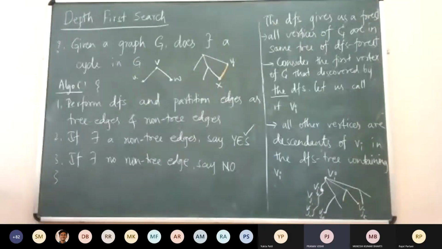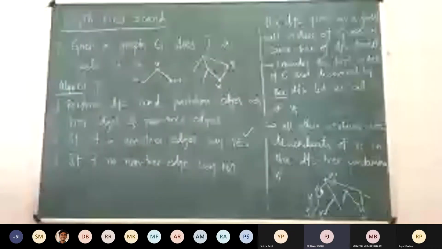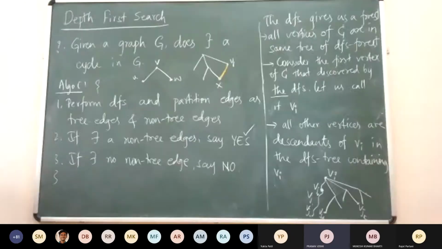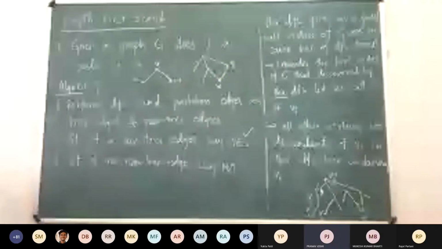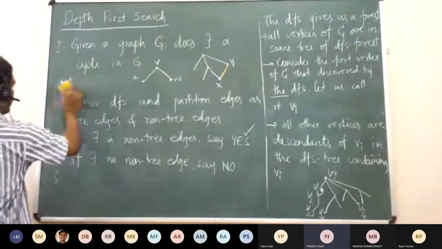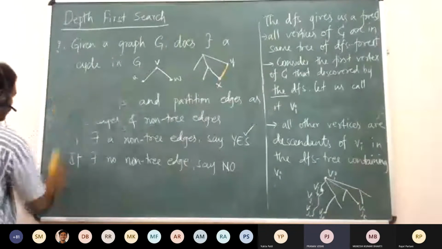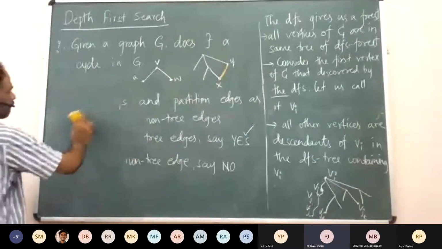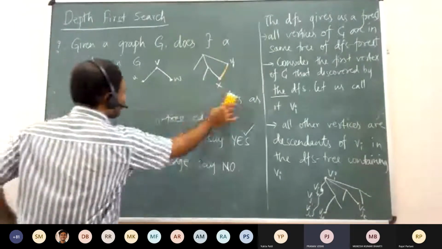So we can explore either U or W. Why are these the only two choices? There can be multiple choices, but whenever we backtrack to V and explore more neighbors, they need to be discovered in the DFS tree, because they are connected, so they need to belong to the same tree.